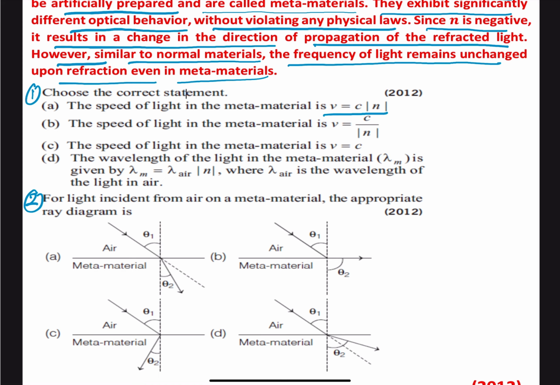And if n is greater than 1, then speed is faster than light, which is physically impossible. Specifically for this part, we can say that this is dimensionally wrong.